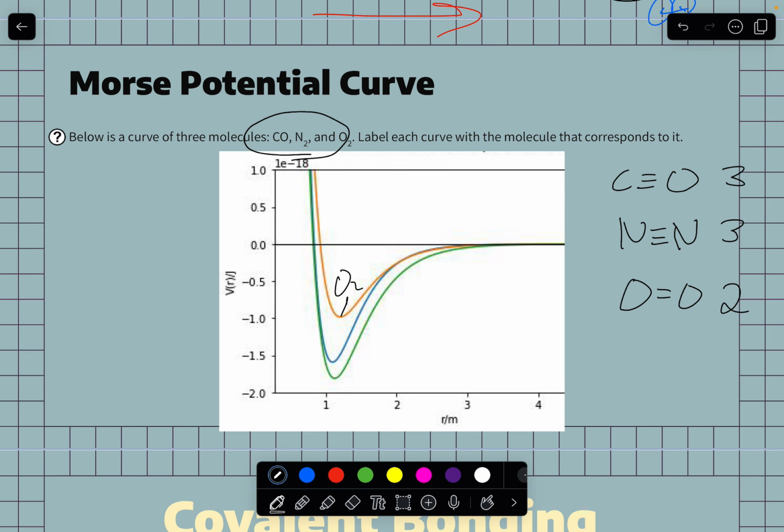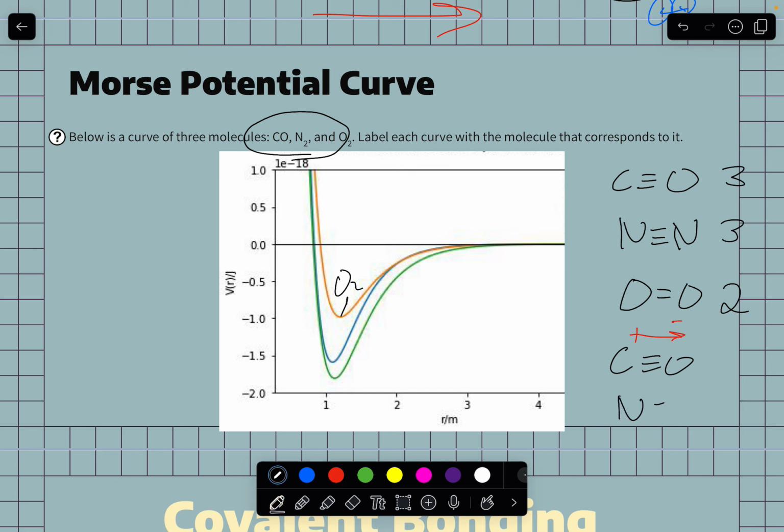Now we're between CO and N2. These both have triple bonds. They're both pretty close on the periodic table, so we can't really do it based on size or strength of the bond. This is going to be based on something called polarity. You've talked about polarity before. Remember, polarity is when it's uneven. Here in CO, our oxygen is a little more electronegative, so it's going to be pulling more of the electrons to it.